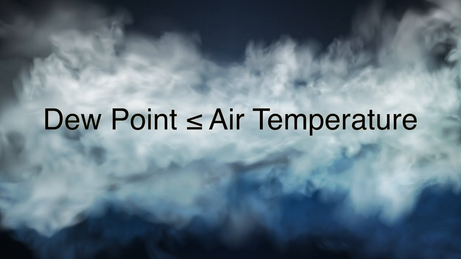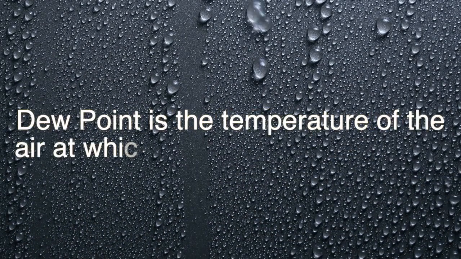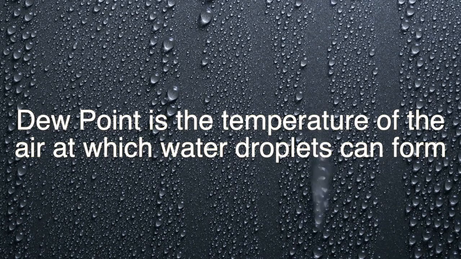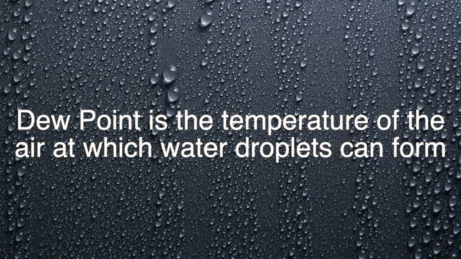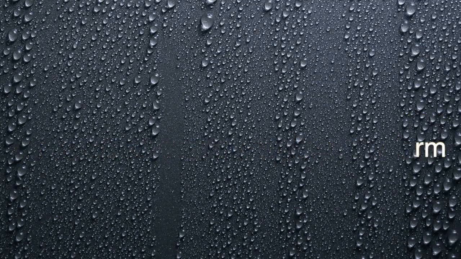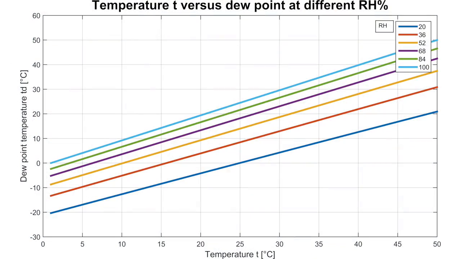The dew point temperature is always lower or equal to the air temperature. In other words, it is the temperature of the air at which water droplets can start to form, like the fogging on your bathroom mirror when you take a hot shower. That's because the mirror's surface temperature is lower than the dew point temperature, which allows fogging to appear on the mirror.